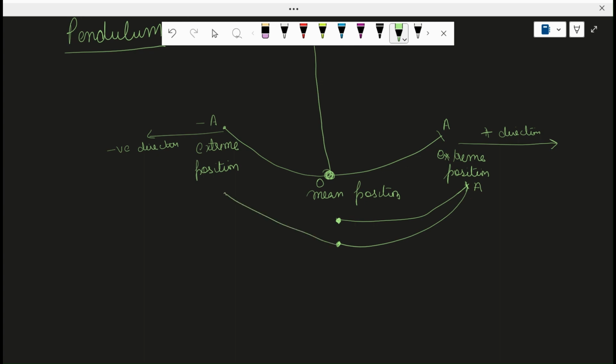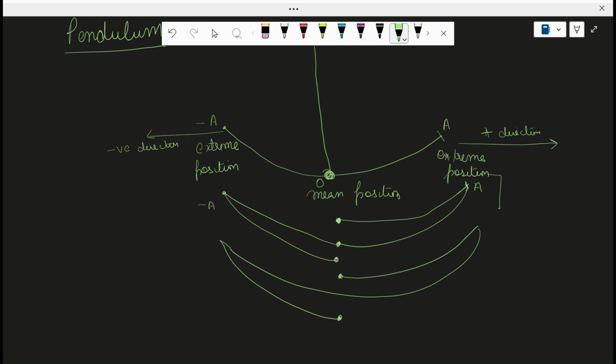From here, it will go to the extreme position on the negative side, that is minus A, and again it will come to the mean position, right? Here we can see this particular movement of the pendulum. And it will not stop here, it will again follow a similar path and continue moving in a similar path.